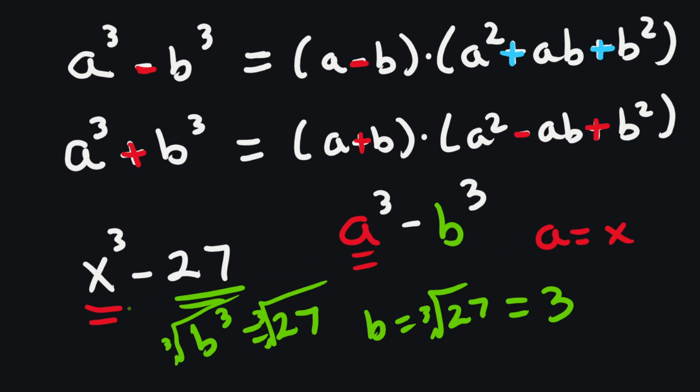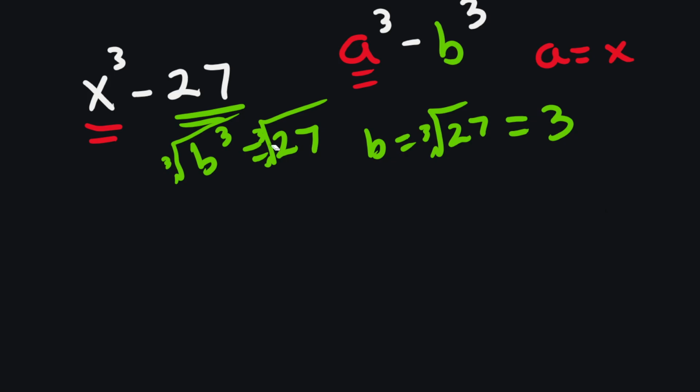So let's rewrite this difference of two cubes right here. Let's rewrite this as a cubed, and our a is x, so x cubed minus, and what is our b? That is 3, so 3 cubed.